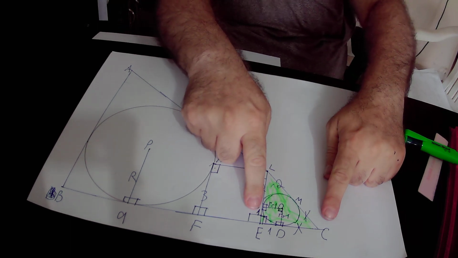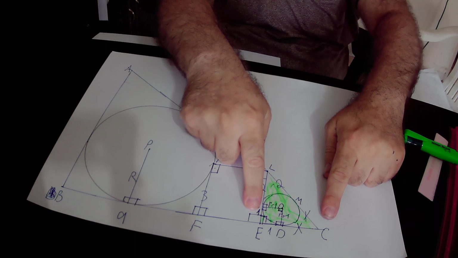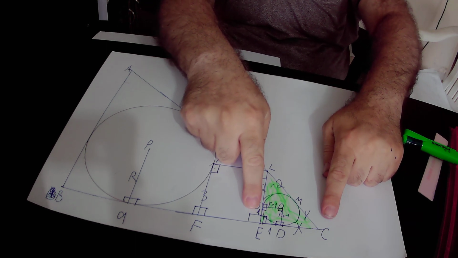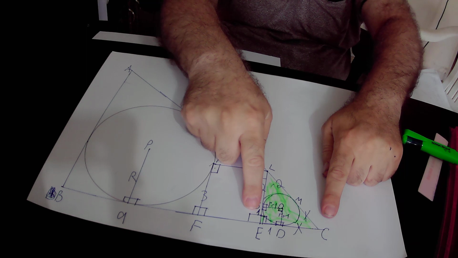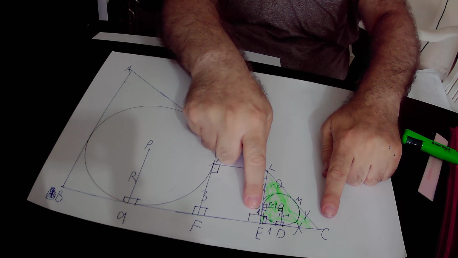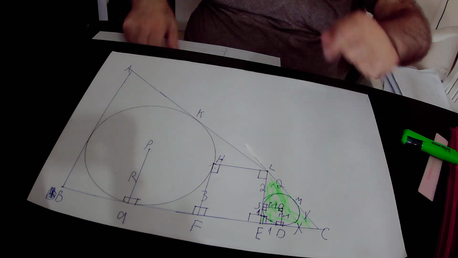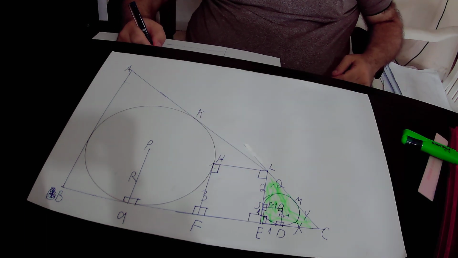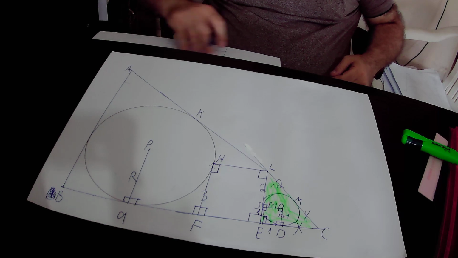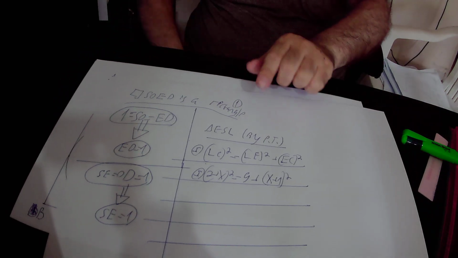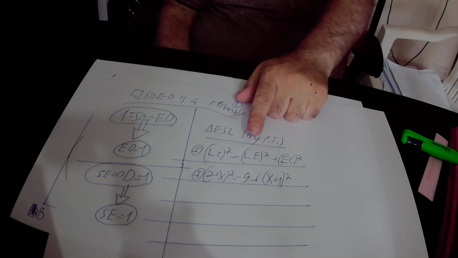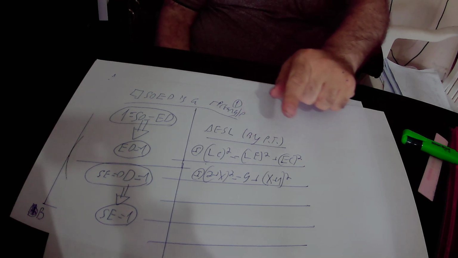What is the value of EC? It is very easy to see from the drawing that EC equals x plus 1. Therefore EC squared equals (x plus 1) squared. In conclusion, according to the Pythagoras theorem, we found out that (2 plus x) squared equals 9 plus (x plus 1) squared.